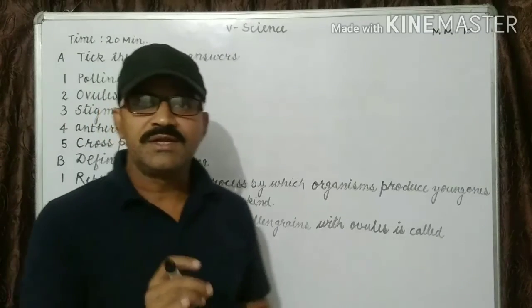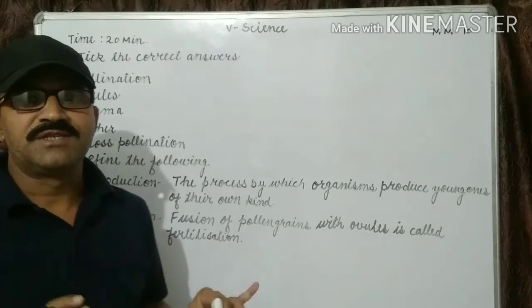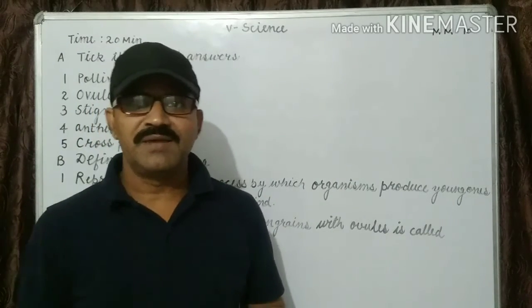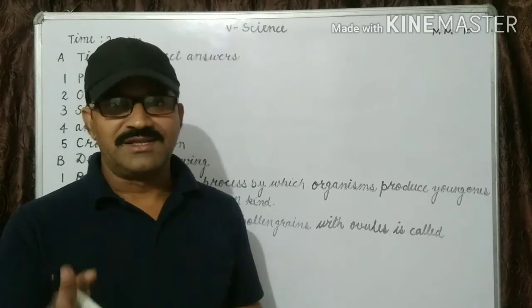Fusion of pollen grains with ovule is called fertilization. Very simple definition. Yeah, you can say fusion of male gametes with female gametes. In this process, zygote is formed. That is called fertilization.